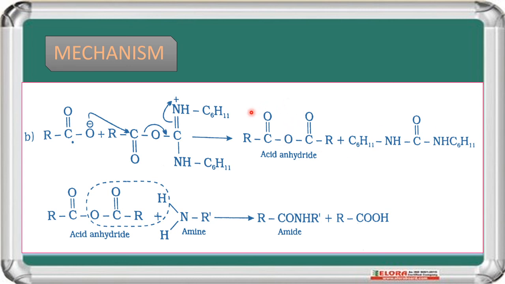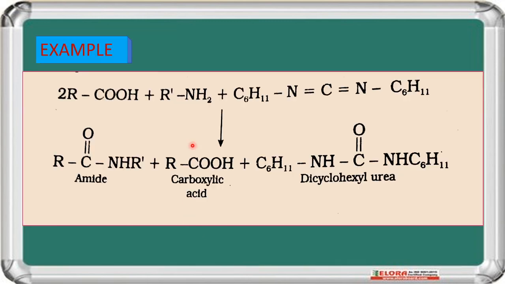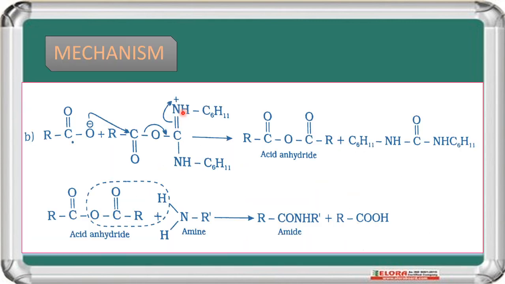Okay, next, this anhydride, or acid anhydride, reacts with the amine molecules. For the amine molecules, you have to take the reaction first, amine and acid group. Here is the step by step process in the mechanism. Second, the amine reacts with the acid anhydride. One of the H, meaning the proton, is abstracted by the acid, or this is attached to this O group.